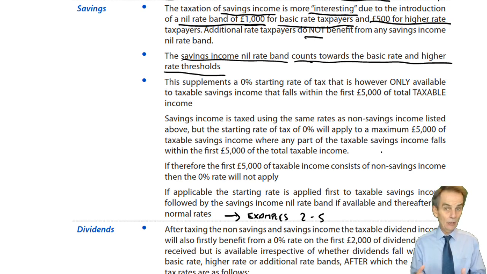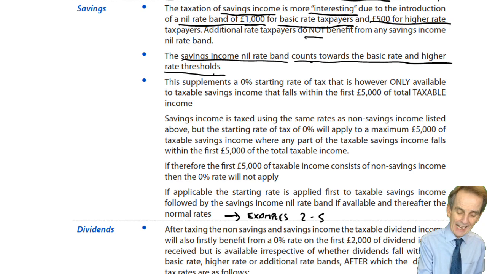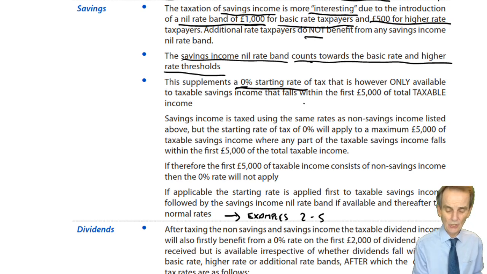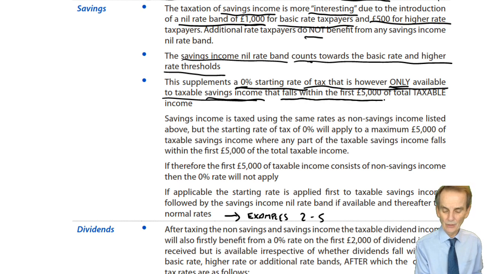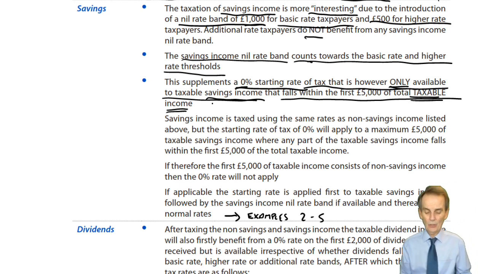And before that came in just a few years ago, we had, and it therefore now supplements, what is again a 0%, a nil rate, but we'll call it a 0% starting rate band. A starting rate of tax that is, however, only available to taxable savings income that falls within the first £5,000 of total taxable income.